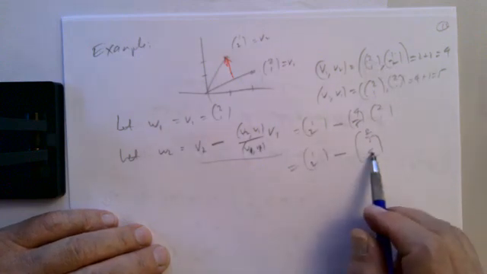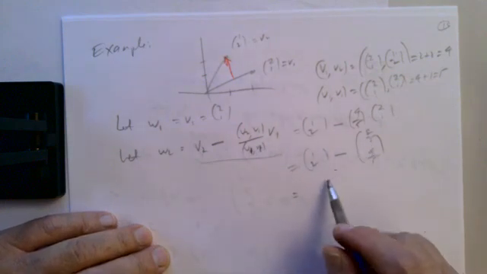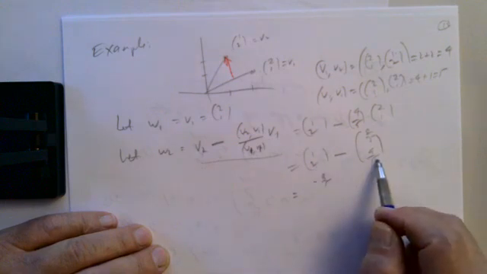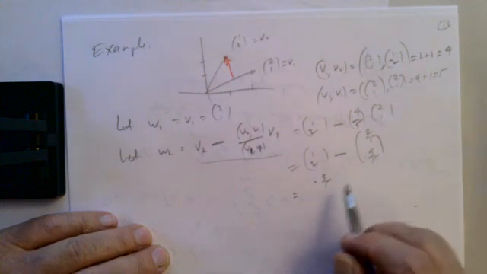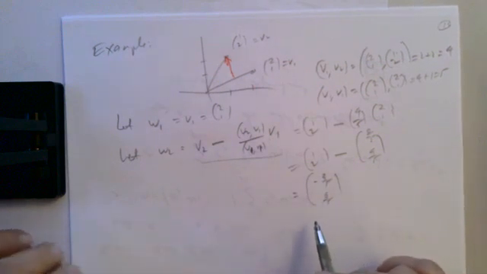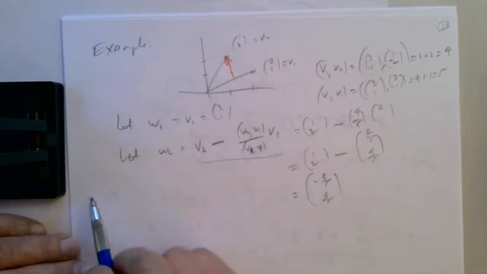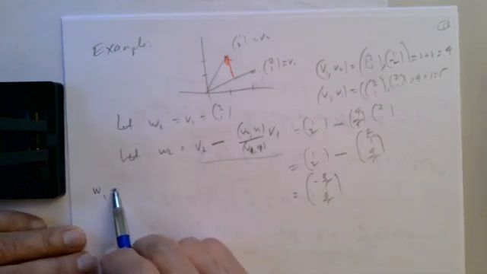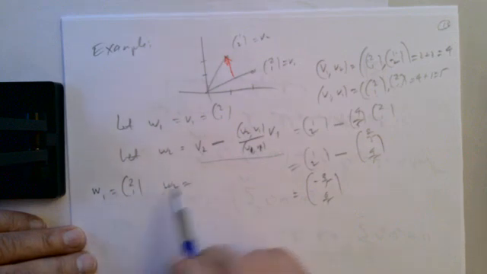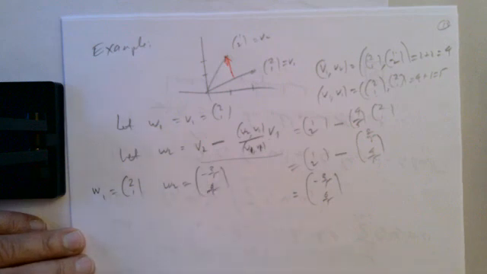And 1, 2 minus this is 1 minus 8/5, which is minus 3/5, and 2 minus 4/5, that's 10 minus 4, which is 6/5. So we have W1 is 2, 1. W2 is minus 3/5, 6/5.